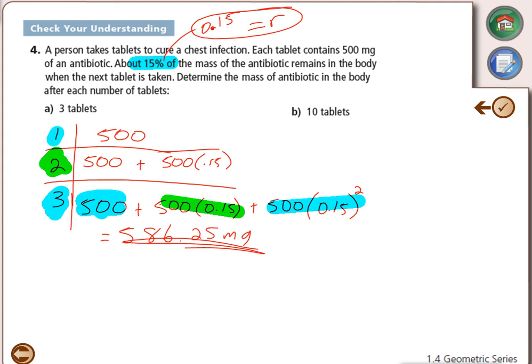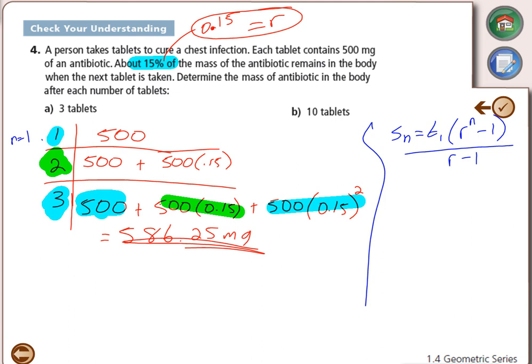But we want to be able to use a formula. So let's go to the 10th tablet and see how we can use a formula to be able to do this. We got Sn equals T1 times R to the n minus 1 over R minus 1. Okay, so the first tablet, that was n equals 1. Second tablet was n equals 2. Third tablet was n equals 3. 10th tablet, oh, that's going to be n equals, oops, not 3, 10.